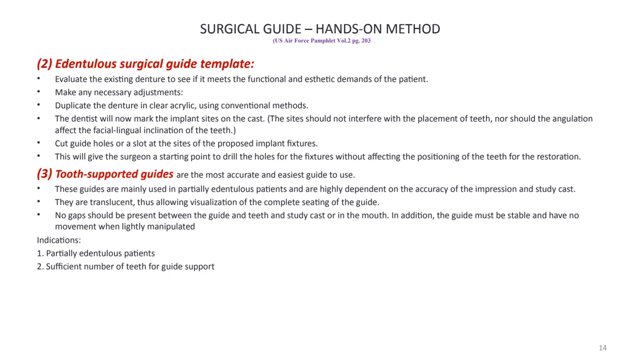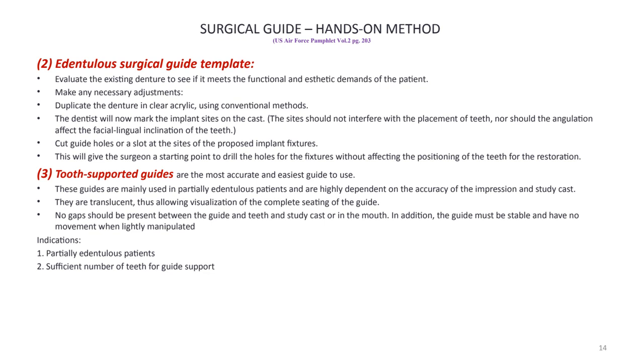So what's important in developing the design of a surgical guide is to evaluate the existing denture to see if it meets the functional and also the aesthetic demands of the patient. If it's something that needs to be adjusted, that's the time to do it. And then duplicate the denture in clear acrylic using the conventional methods.